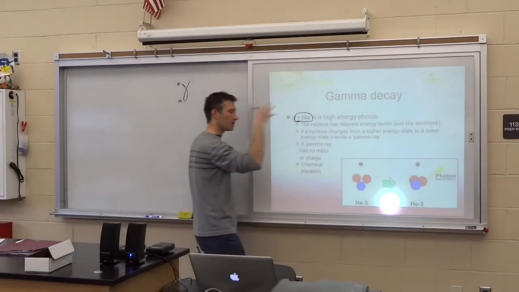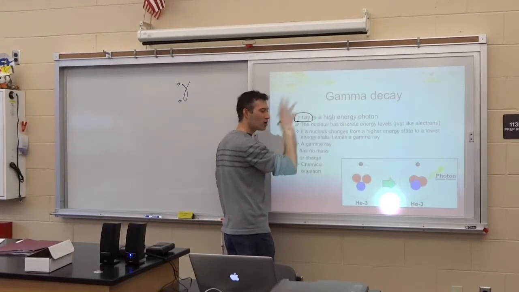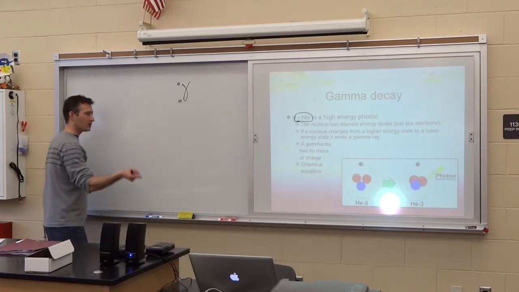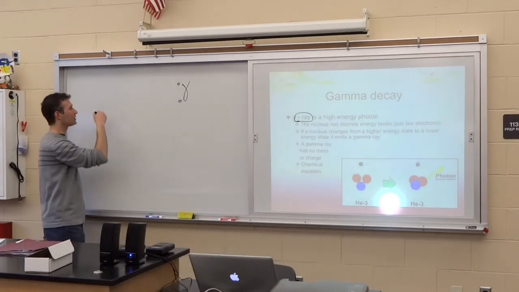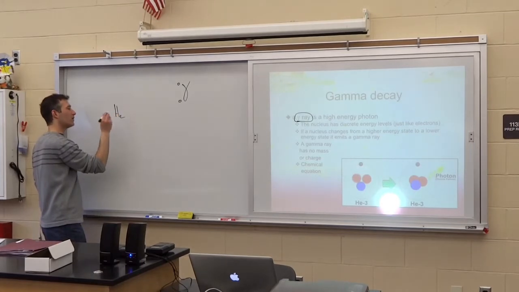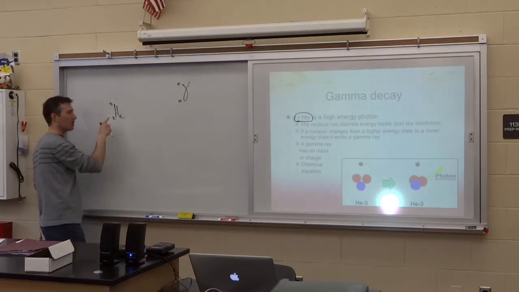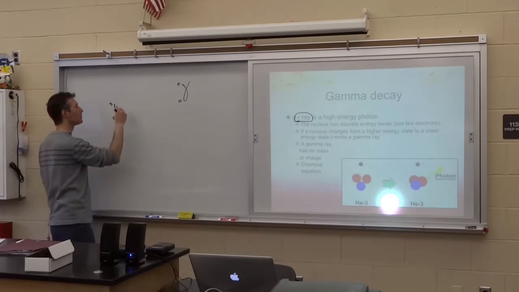So let's look at the accounting for it first, and then we'll go back and look at some of these other points. So here we're starting with helium-3, the same thing I think that we produced a few slides ago. Helium always has 2 protons, and this particular isotope only has 1 neutron.